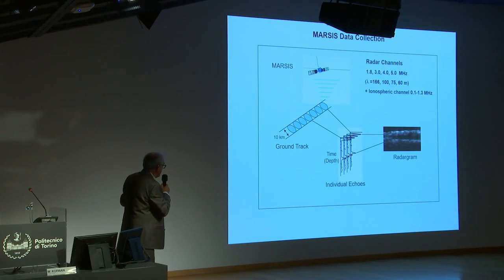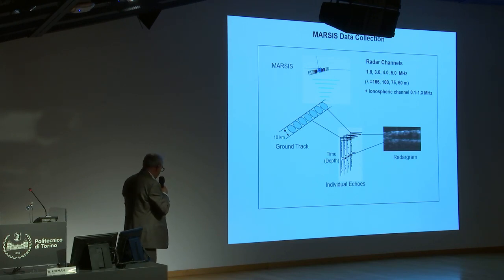It's in this direction. Let's say each of these measurements is every second. And you will see this kind of plot, a radargram, where the first reflection here is usually the surface, and the future reflections will happen here.